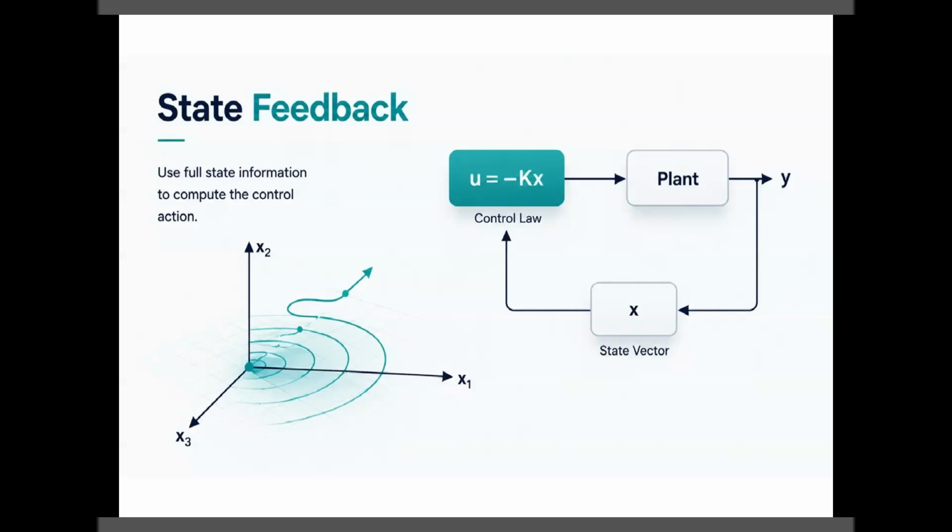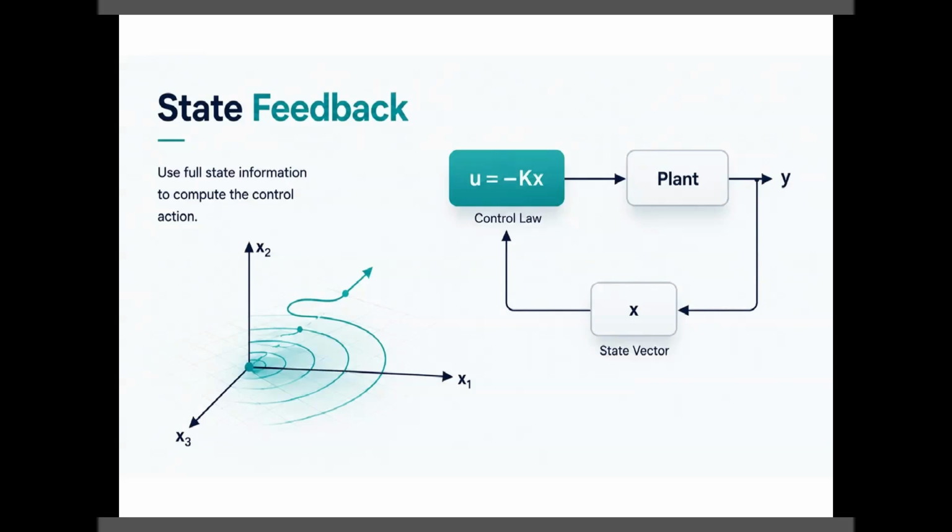These weights are collected in a matrix called the gain matrix, usually denoted by K. The controller combines the current state of the system with this gain matrix to compute the control input.